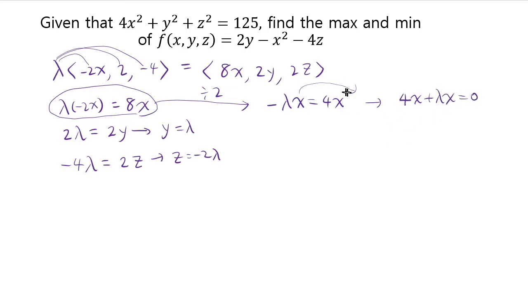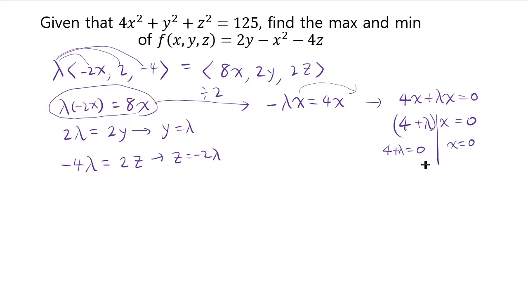So I moved it to the other side and switched places. Hopefully that didn't confuse you at all. Once you do that, then you can factor the x out, which makes you say that either 4 plus lambda is 0 or x is 0, because if two things multiply to 0, at least one of them has to be 0, right?